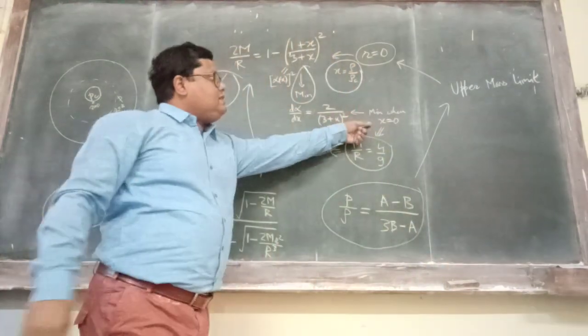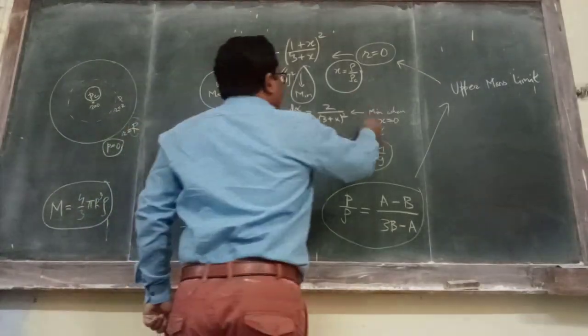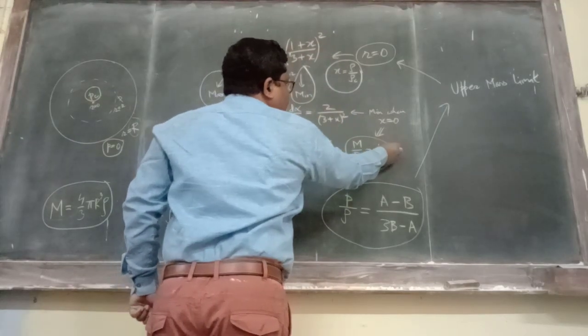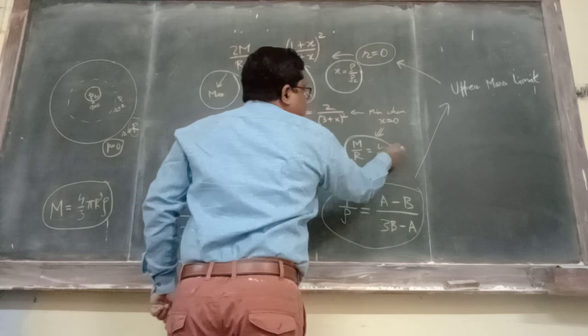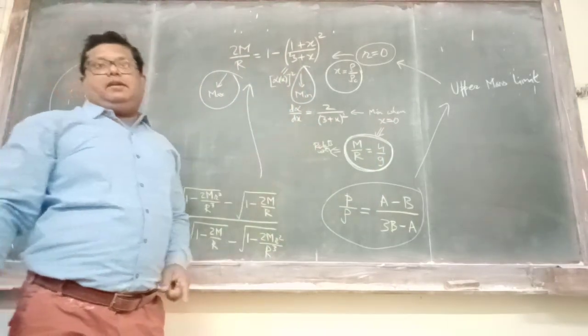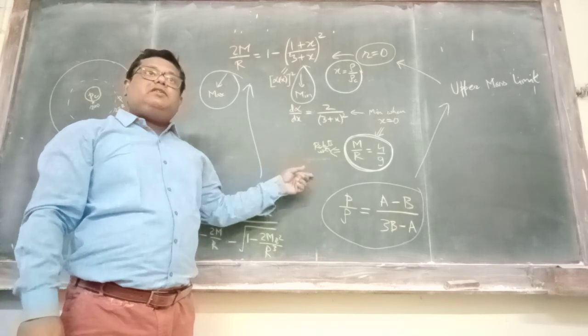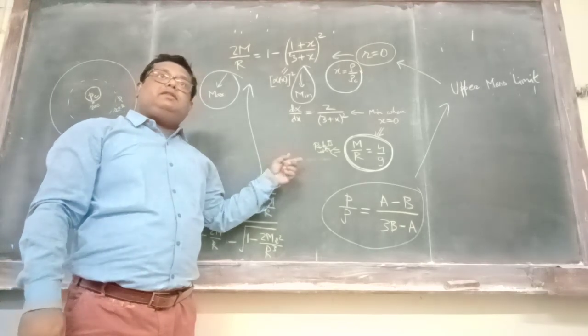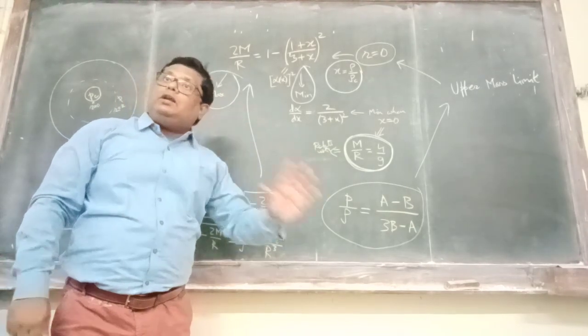So if I put x equal to 0 in this expression, then you can check for yourself that this is the relation which we will get: M by r equal to 4 by 9. Interestingly, this is a very important result which has got no classical analog.